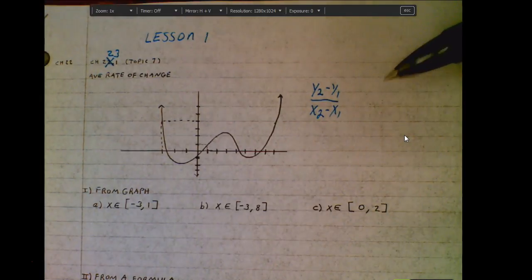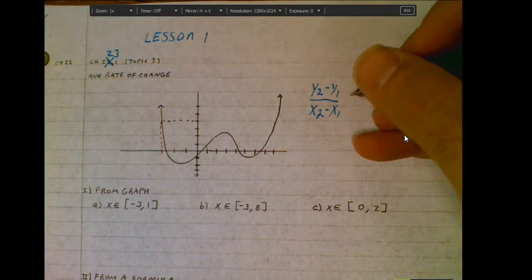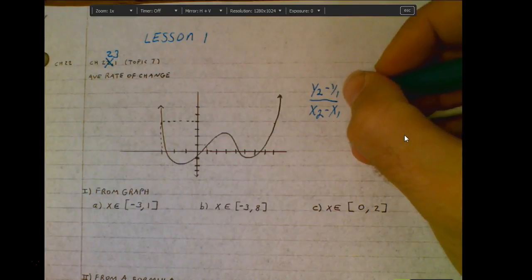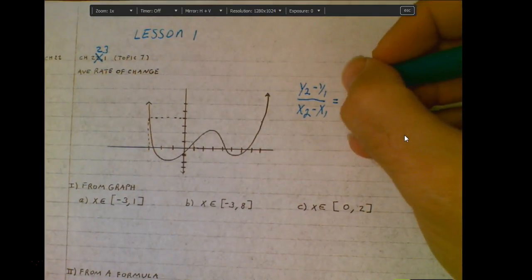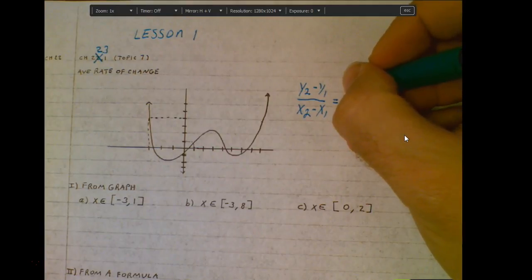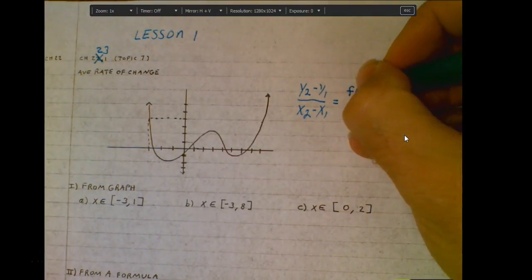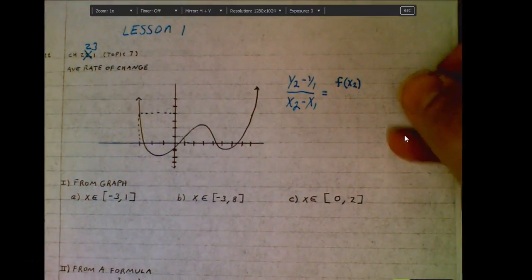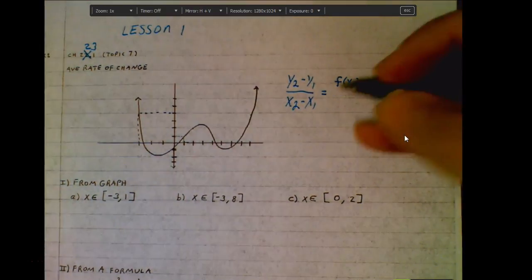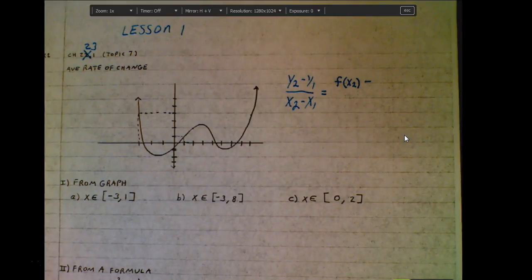So in order for me to have a y value is the same thing as for me to have f of x. So that is to say, in some cases, instead of y2, we could simply write that as f of x2. Right? And that's the same thing as having y2 minus. And instead of having y1, we could have an f of x1 right there.